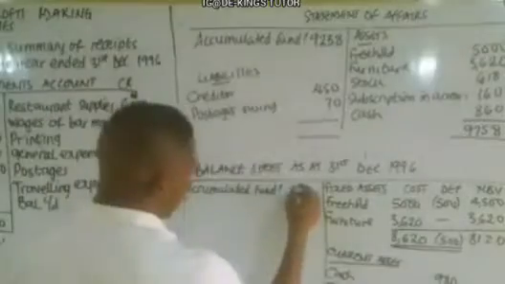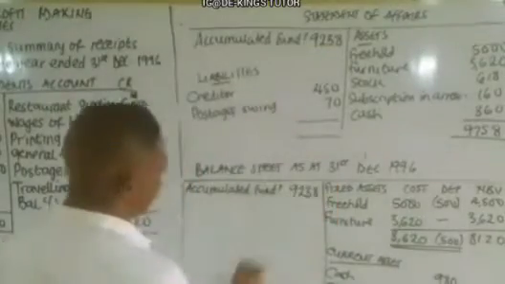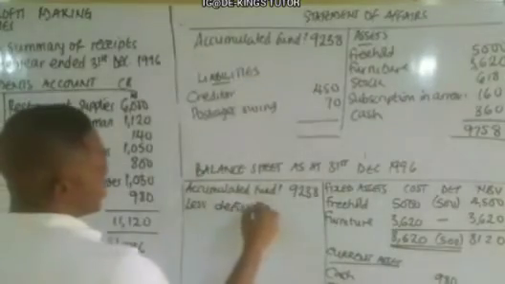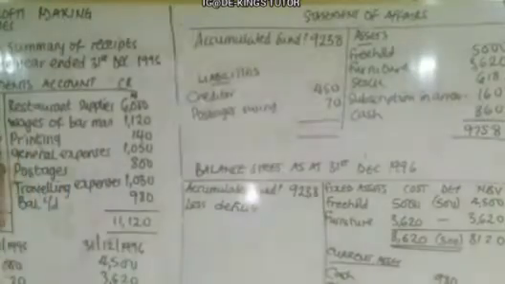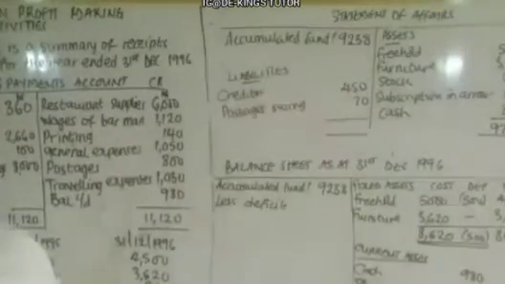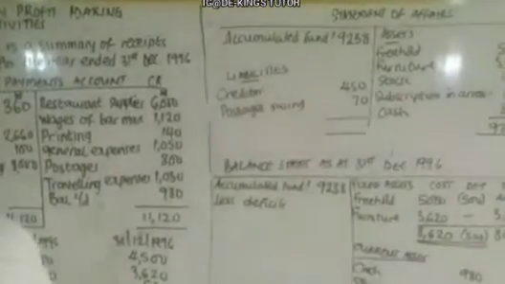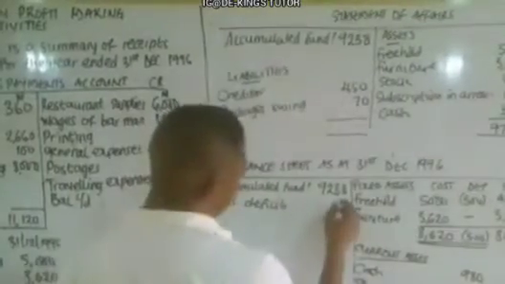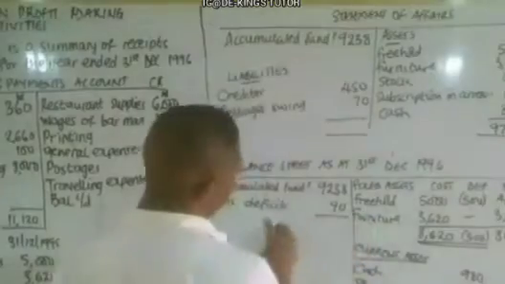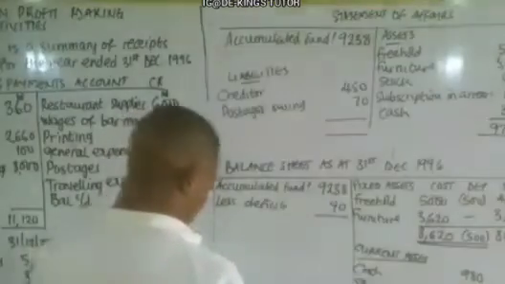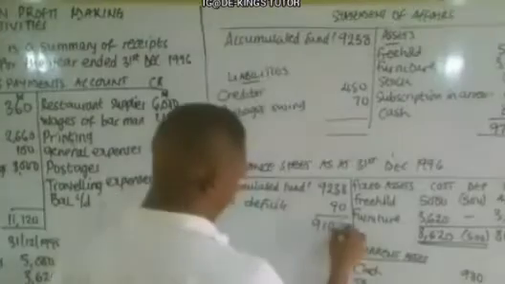So I have it here, 9238. So I'll say less deficit. The deficit that we got, which is 90. Had it been surplus, we would have added it, so it is deficit, we lessen. So 9238 minus 90 equals 9148.